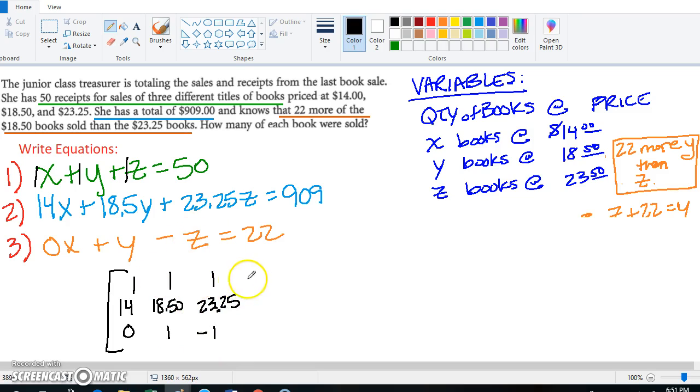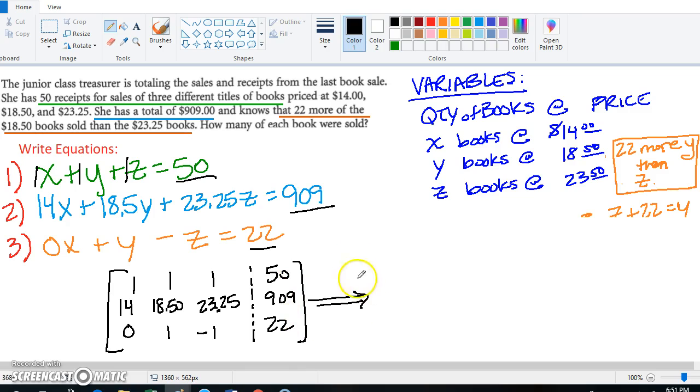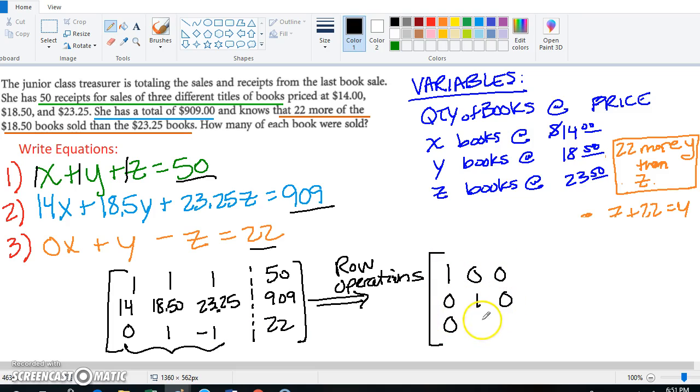Those are the coefficients of X, Y, and Z. If I augment that with the constants, 50, 909, and 22, and if I do some row operations to turn the left-hand 3 by 3 part of this matrix into the identity matrix, then what shows up are X, Y, and Z.